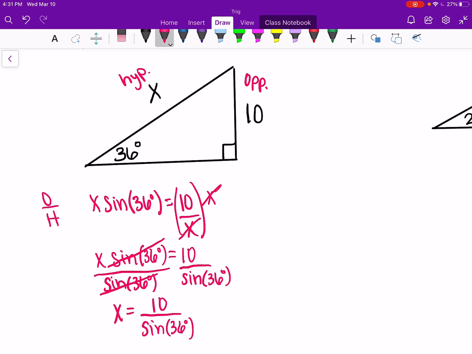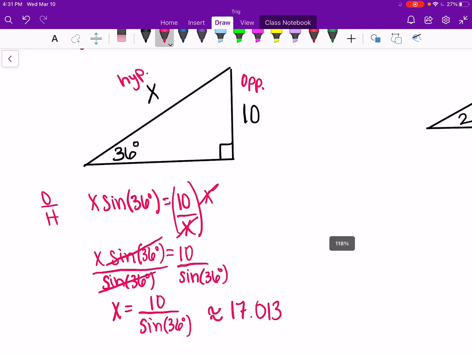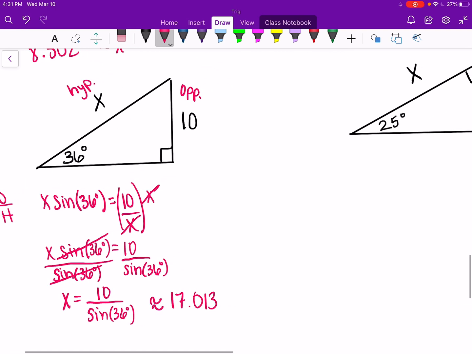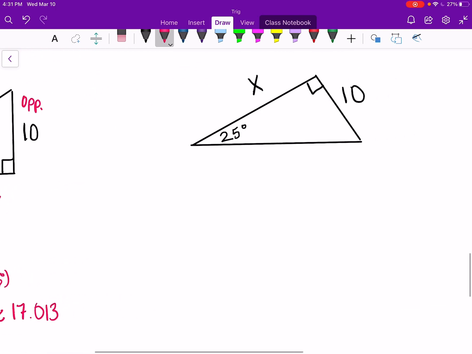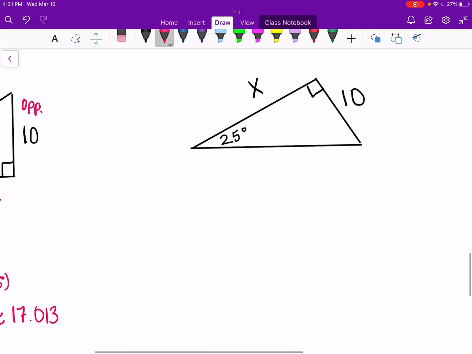If you type this whole thing into your calculator, you should get approximately 17.013. Make sure you type that in and get that answer. Last one. We have the angle of 25 degrees. It's given to us.